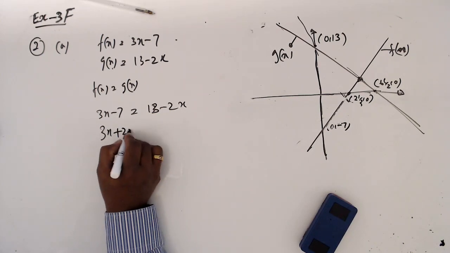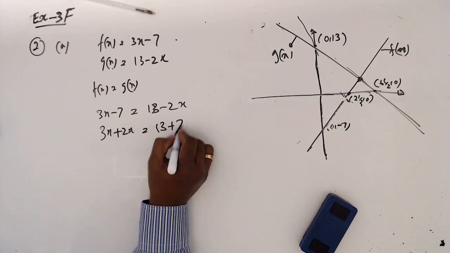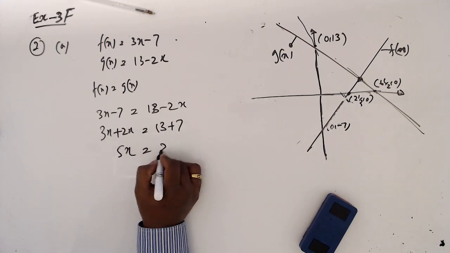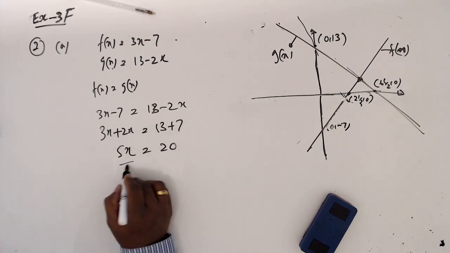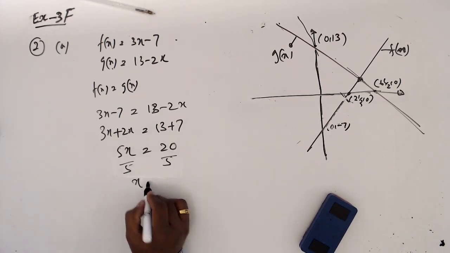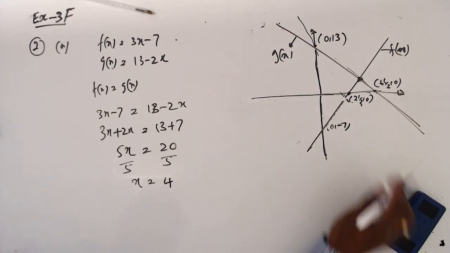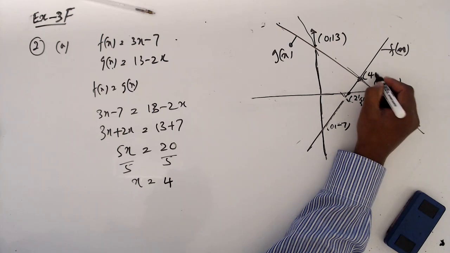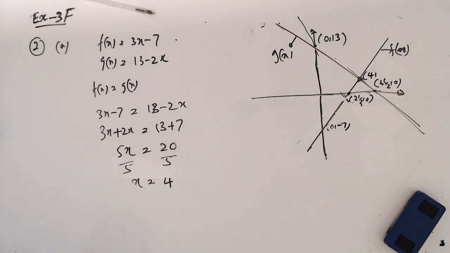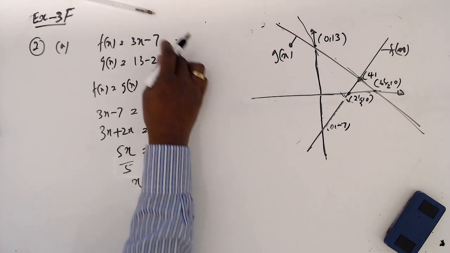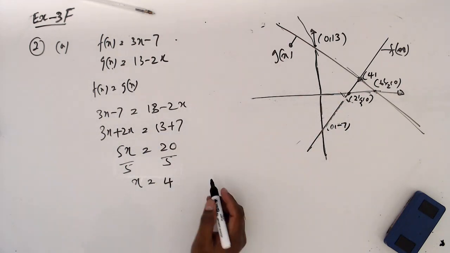3x plus 2x equals 13 plus 7. 5x equals 20. Divide both sides by 5. x equals 4. So the x value of the coordinate is 4. Then from either one you can find the y value.